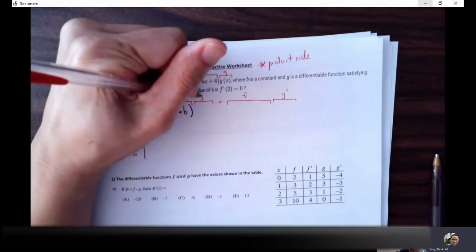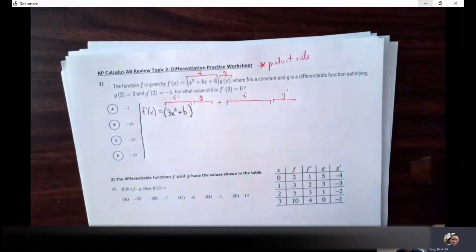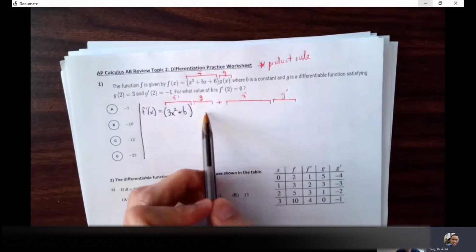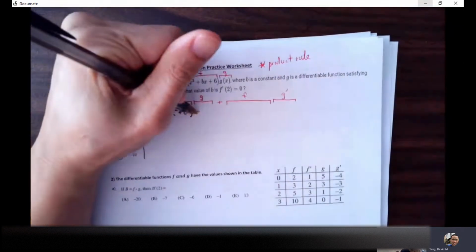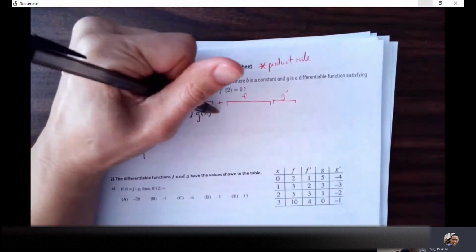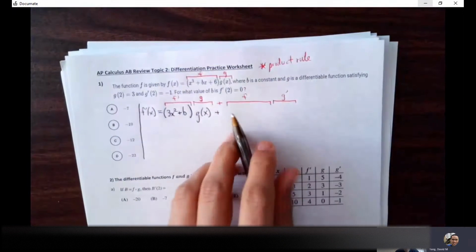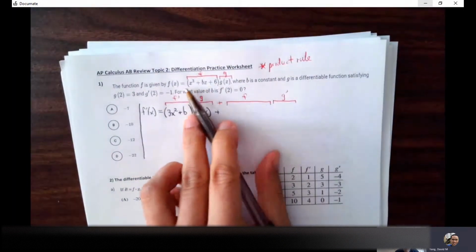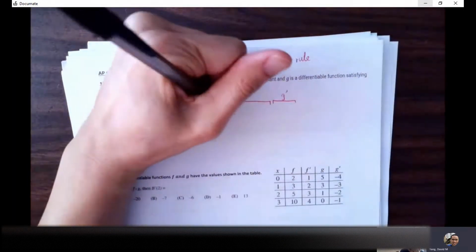Next up is my g function. No changes, so I'm just going to bring down g of x. Back to f, so the original expression that I see here.